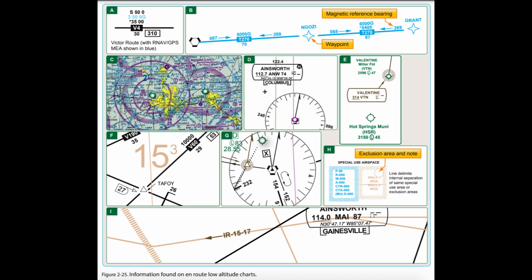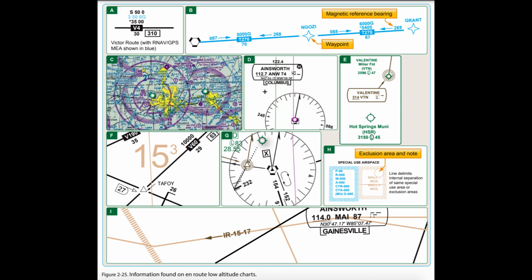RNAV routes, figure 2.25b. 3. Limits of controlled airspace, figure 2.25c. 4. VHF radio aids to navigation: frequency, identification, channel, geographic coordinates, figure 2.25d. 5. The airports that have an instrument approach procedure or a minimum 3,000-foot hard surface runway, figure 2.25e.